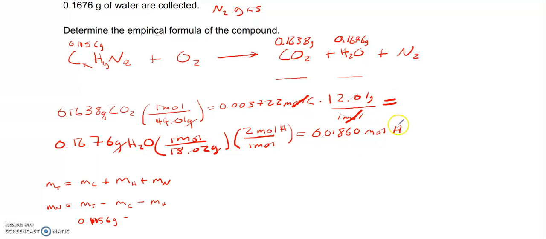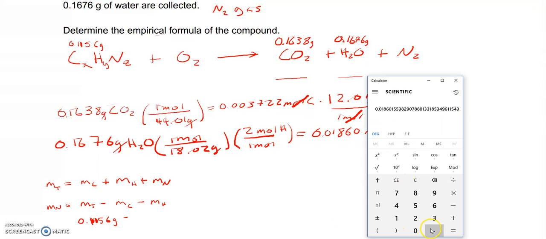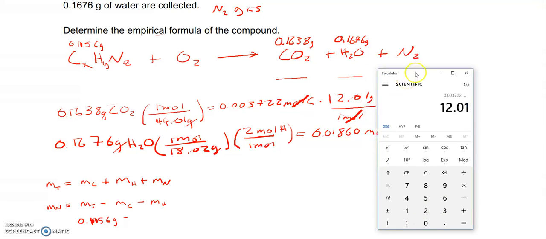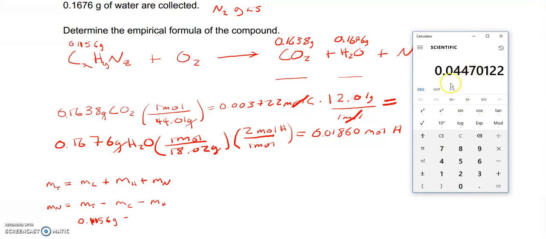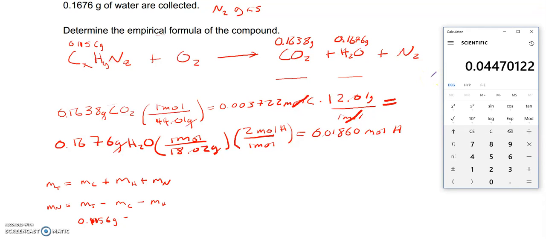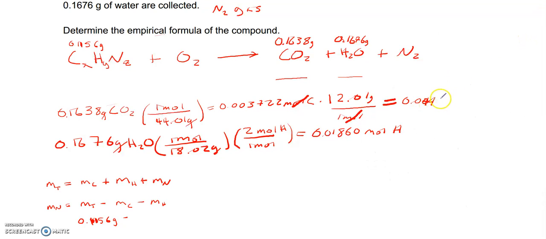Let's do the math here. Okay, so that's the grams of carbon, 0.0447. These are 4s.